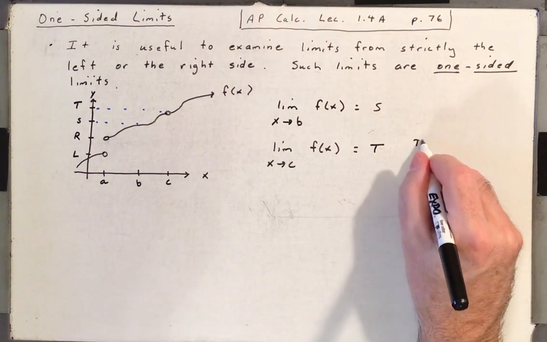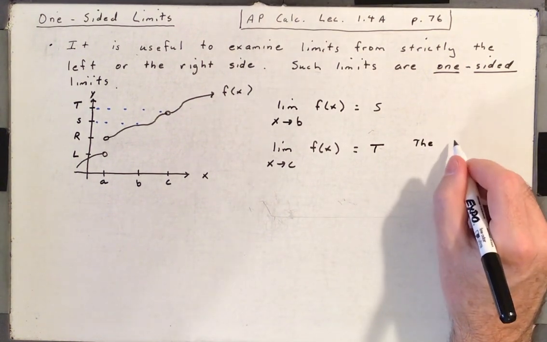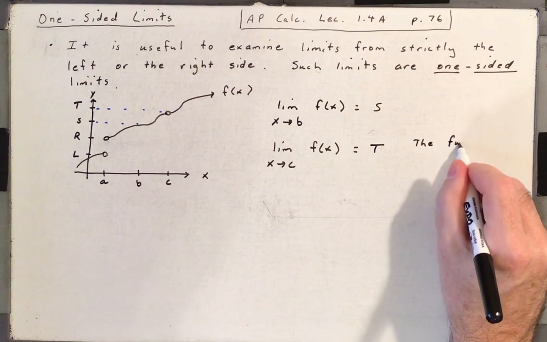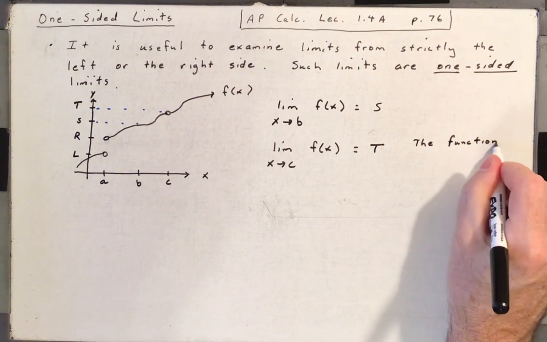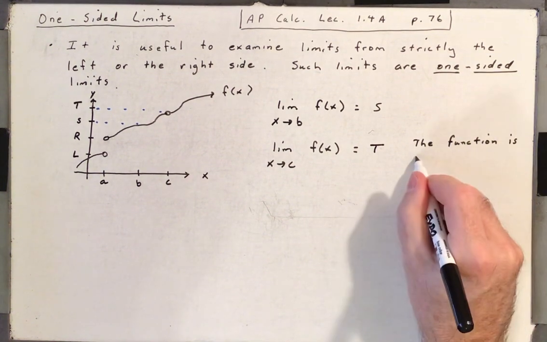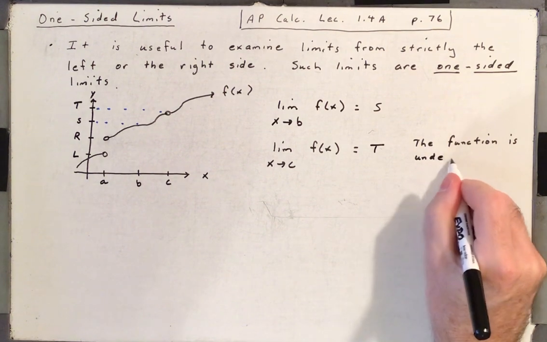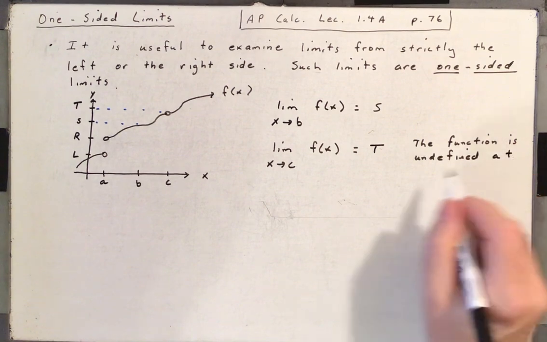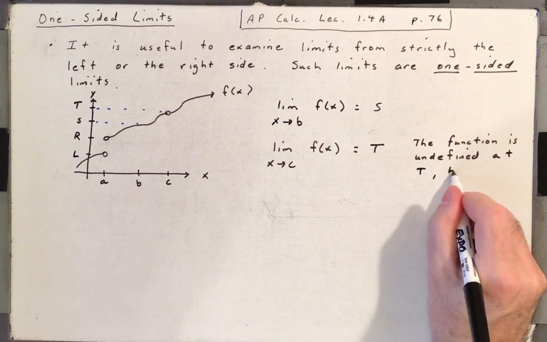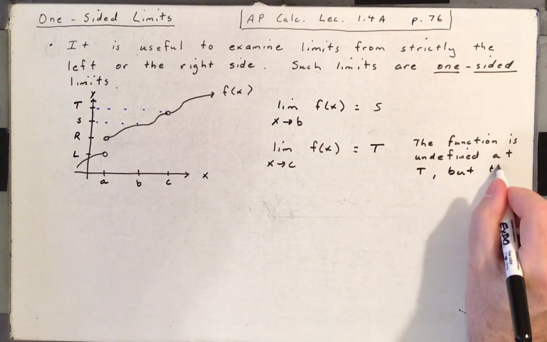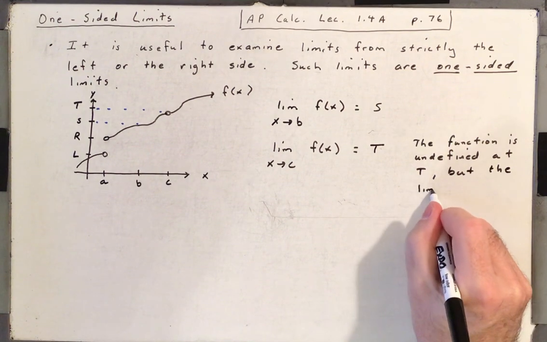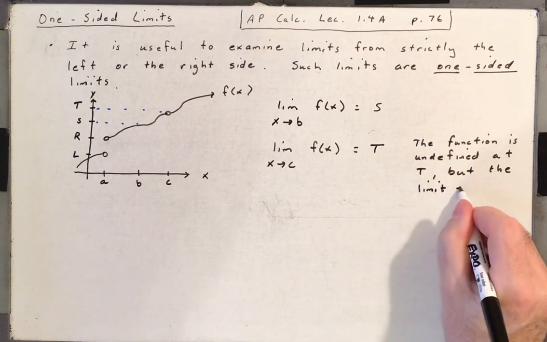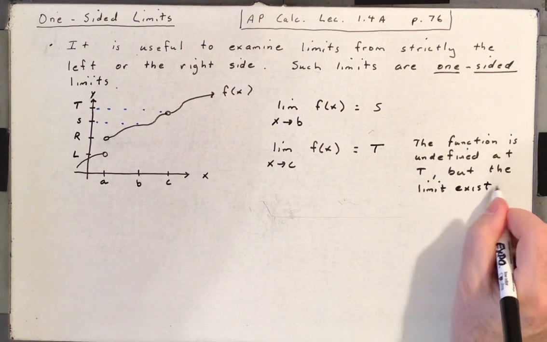So let's do a little note here. The function is undefined at t, but the limit exists because your hands come together on the graph there.